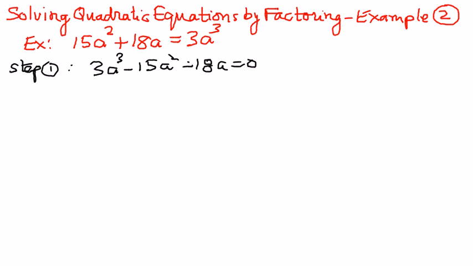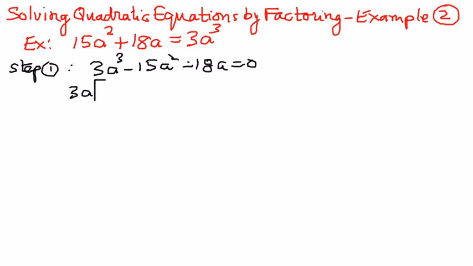I brought everything to one side of the equation, and by looking at this expression now, between 3, 15 and 18, and then a cubed, a squared and a, 3a is common in all of these terms.